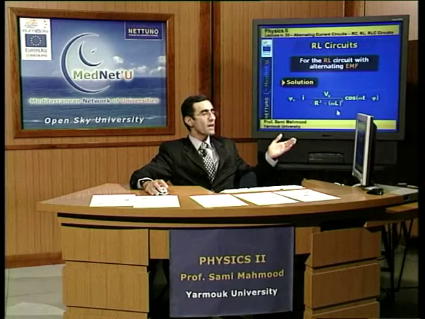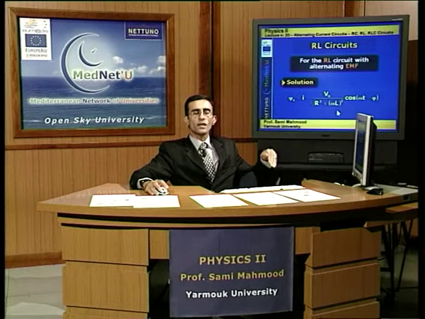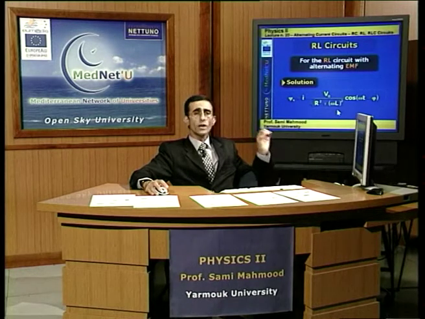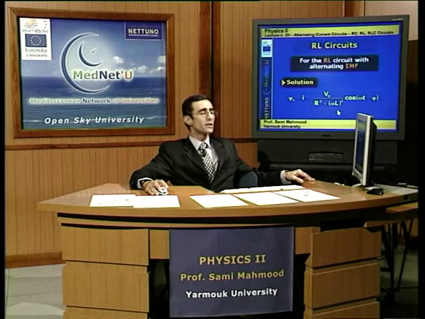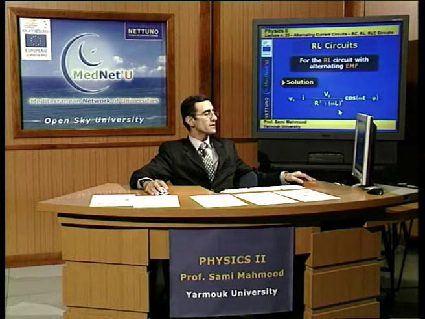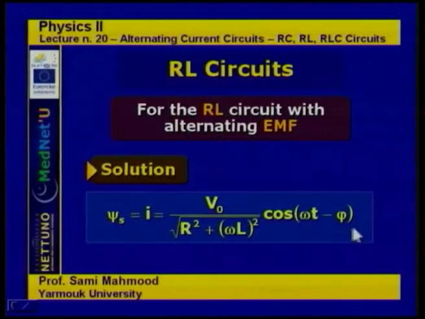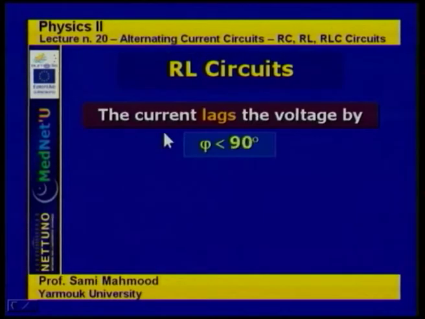And this resistance, again, is the impedance Z of the RL circuit, where Z is equal to the square root of R squared plus omega L squared, or X_L squared, the reactance of the inductor L. And in this case, by looking at the phase of the current and comparing it with the phase of the applied voltage, which is omega t, we see that the current lags behind the voltage by an angle phi, which is less than 90 degrees.